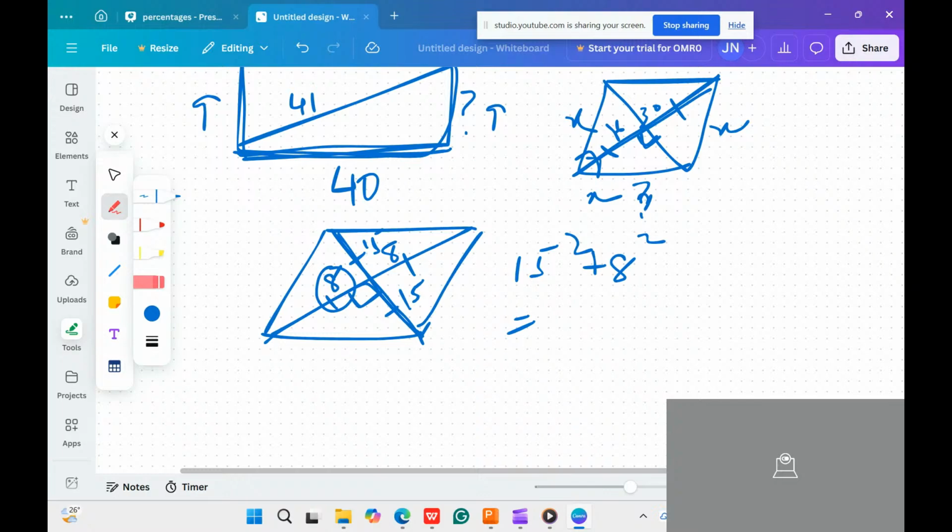So x square was 289 and x is equal to 17. 17 is a prime number. So you have to learn the squares. So one side is 17 and in a rhombus all the sides are equal. So the perimeter will be 17 times 4. Calculate.